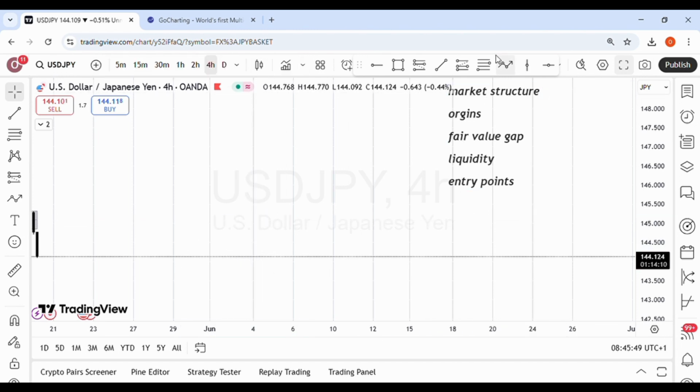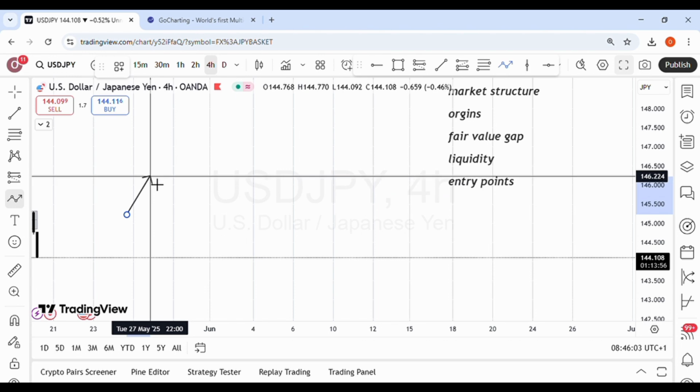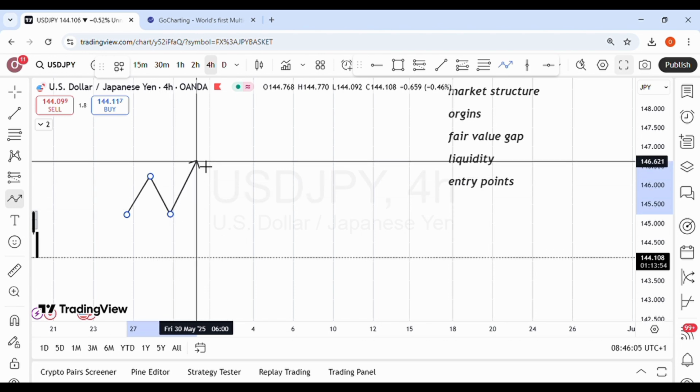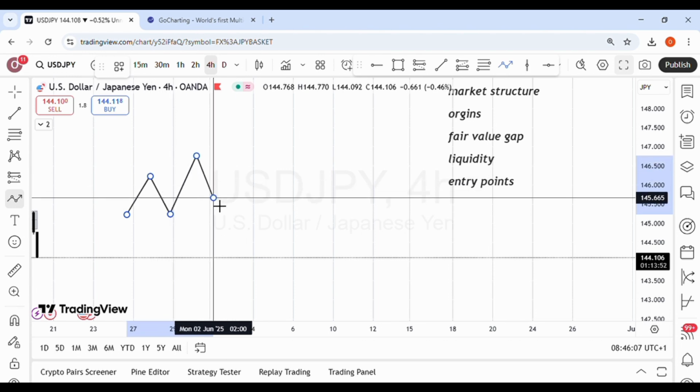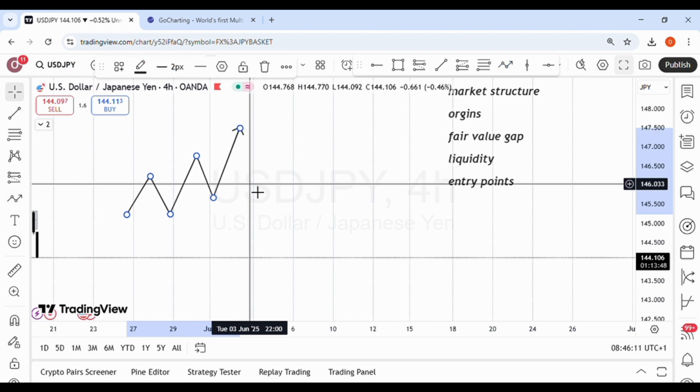Now, for example, marking out our market structure. To mark out your market structure, you need to start from the higher time frame down to the lower time frame. You understand? If the market has been breaking from up to down, up to down, this is a break of structure to the upside.